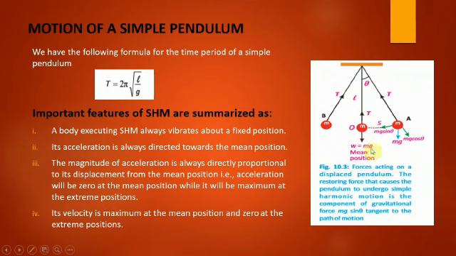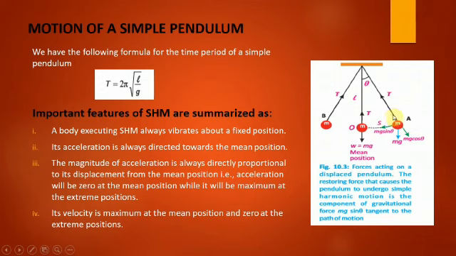If we divide the weight into its rectangular components, the weight makes an angle theta when we take the string or pendulum towards this side A. So if we divide the weight into its rectangular components, horizontal and vertical, or x and y components, then we will come to know the component opposite to the angle, that is the perpendicular component, and the component along the angle, that is the x component, or cos theta.